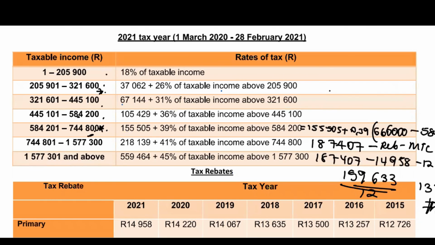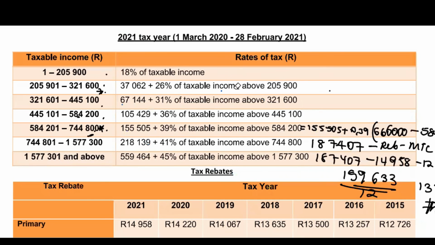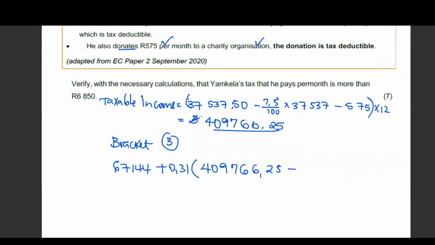Bracket number 3 says you take 67,144 plus 31% of the amount above 321,600, so we subtract 321,600 from the taxable income.